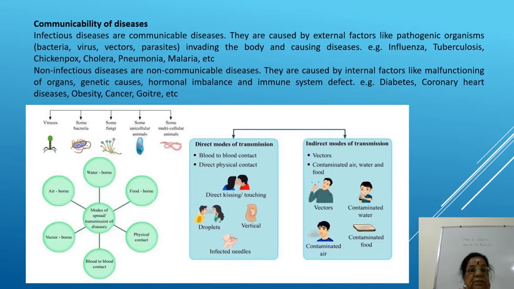So here is the representation of the mode of spread and transmission of diseases. Mode of spread, the means of spread. Now here it is airborne, waterborne, foodborne, physical contact, blood to blood contact, and vector-borne diseases.